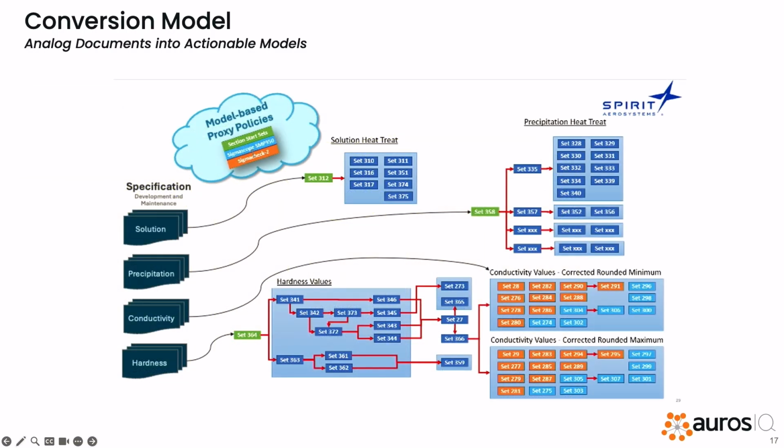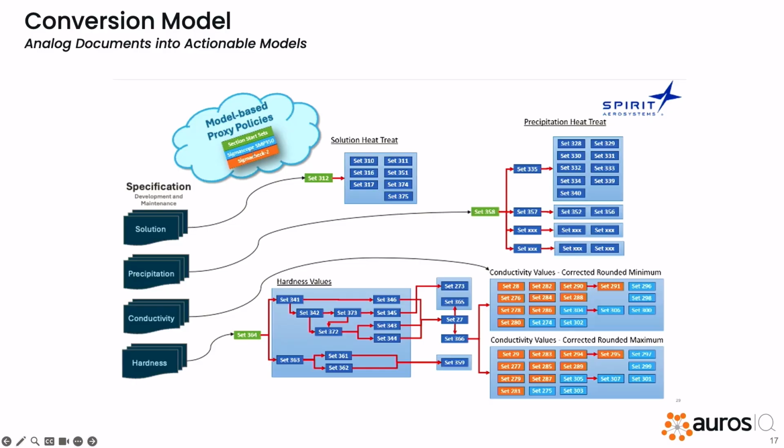Okay, so this is back to the heat treat example. This represents, so each of these little boxes you see a set number. So these are models, but typically have more than one KPAC in them. And in this case, from this logical content that's put together is solution heat treat, precipitation heat treat, and temper verification.